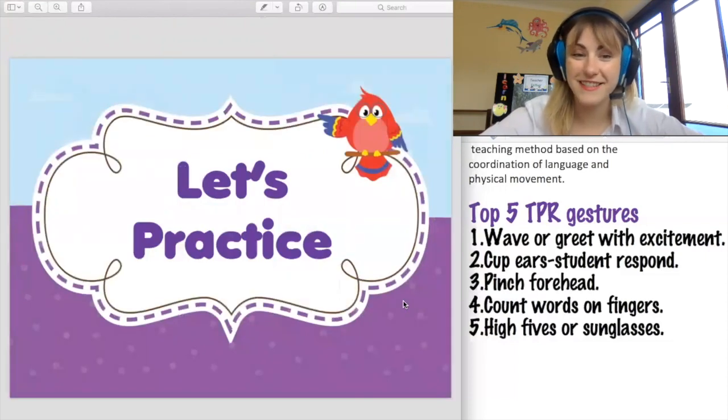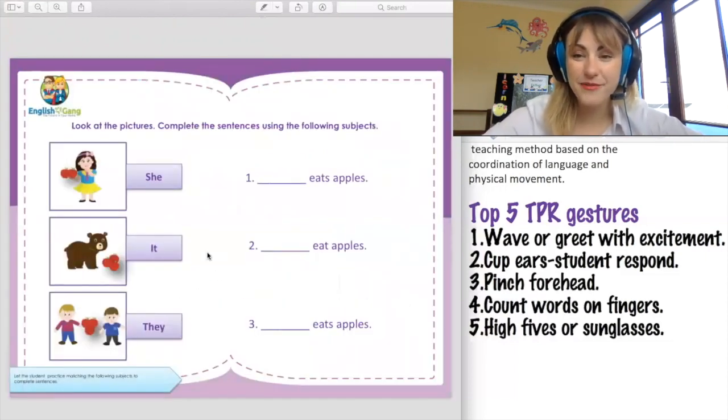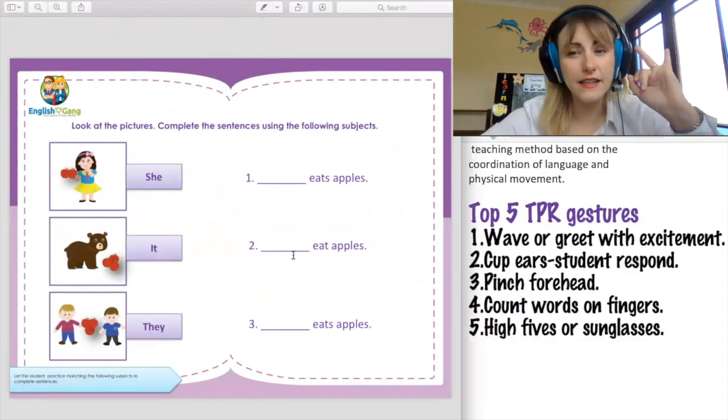Now let's practice. At this part of the lesson, we use the pronouns and ask them to connect them with each sentence. If a student answers incorrectly, what I like to do is go back. So for example, "It eat apples.